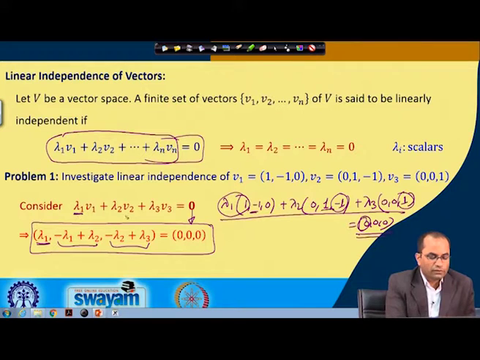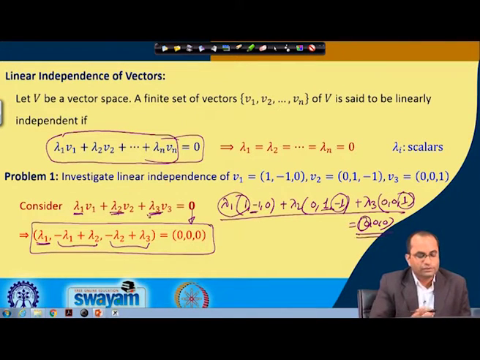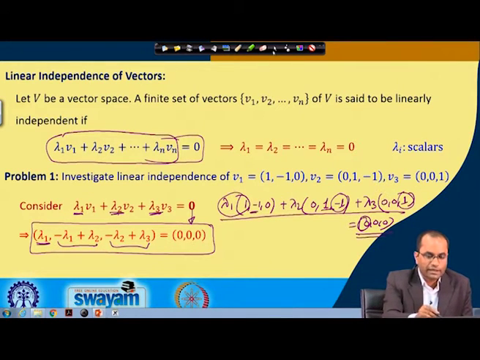So, this is the trivial solution, 0, 0, 0 for the lambdas, but we will see whether we have some non-trivial solution or not. If we have only the trivial solution, that is the 0 solution, then we call the vectors linearly independent.